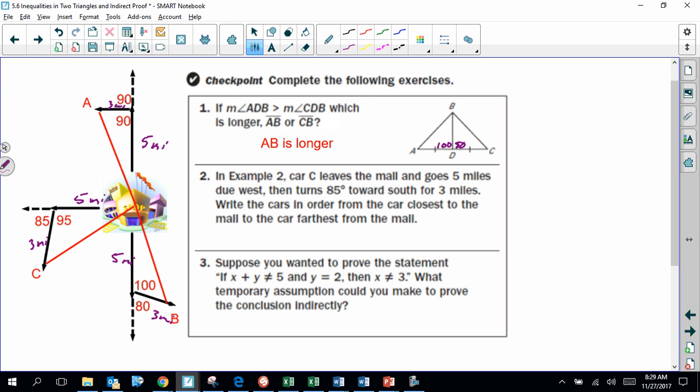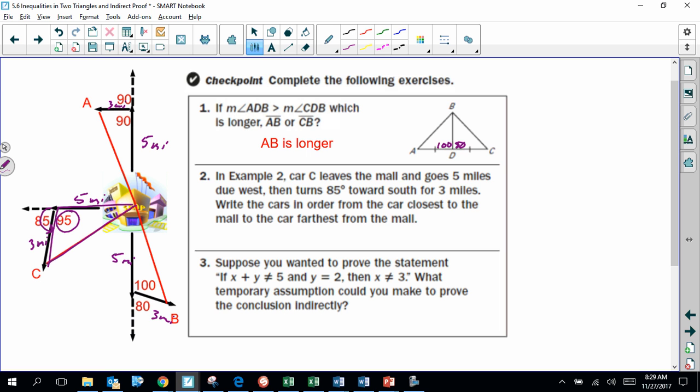Now remember, when you turn 85 degrees, you turn this way 85 degrees based off of the direction that you're going. But inside of the triangle that we make between the two segments, when we left the mall and when we turned, the third angle here, that 95 degrees, is inside of the triangle. So again, we want to write the cars in order from the closest to the mall to the furthest from the mall.